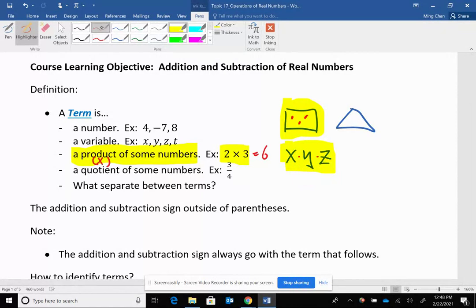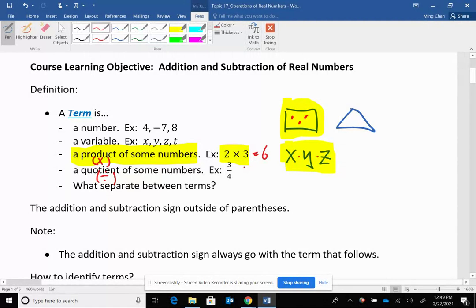A quotient means division. A quotient of some numbers is also considered one term. I'm not saying every fraction is a term. That's not what I'm saying. I'm saying a division between two numbers is considered one term.